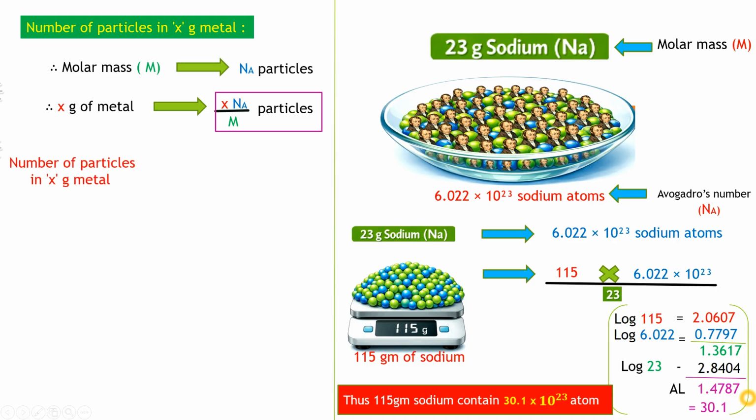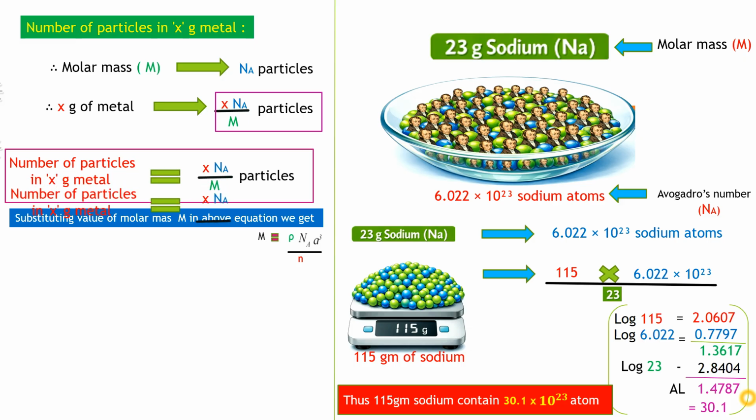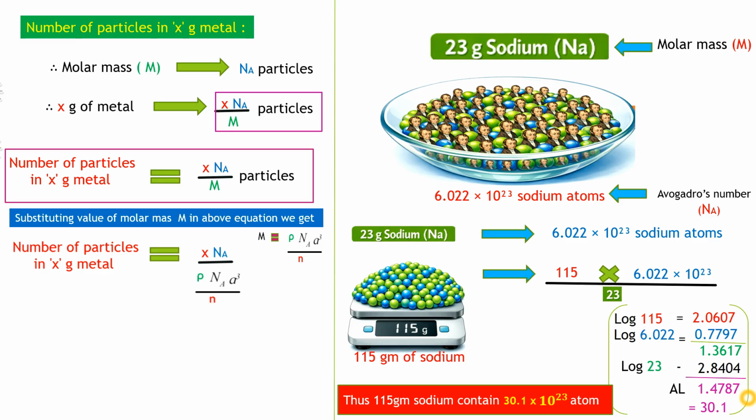Thus number of particles in x gram of metal is equal to x Na divided by capital M. The formula can be modified by substituting the value of molar mass M. The formula is number of particles in x g equals x Na divided by rho a cube Na divided by n.